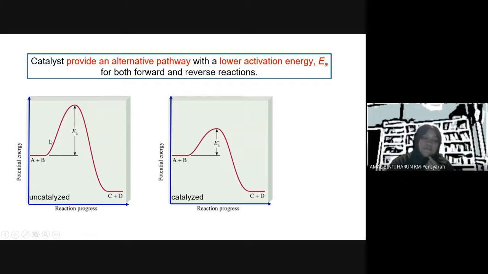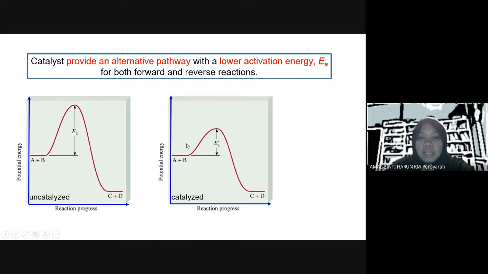Sekarang, macam mana kita nak convert supaya lebih banyak AB ataupun kita nak cepatkan tindak balas supaya tindak balas tu menghasilkan CD dengan cepat. Cara dia adalah kita rendahkan activation energy. Okay, activation energy adalah tenaga yang mesti dipunyai oleh molekul untuk menukarkan reaktan kepada produk.